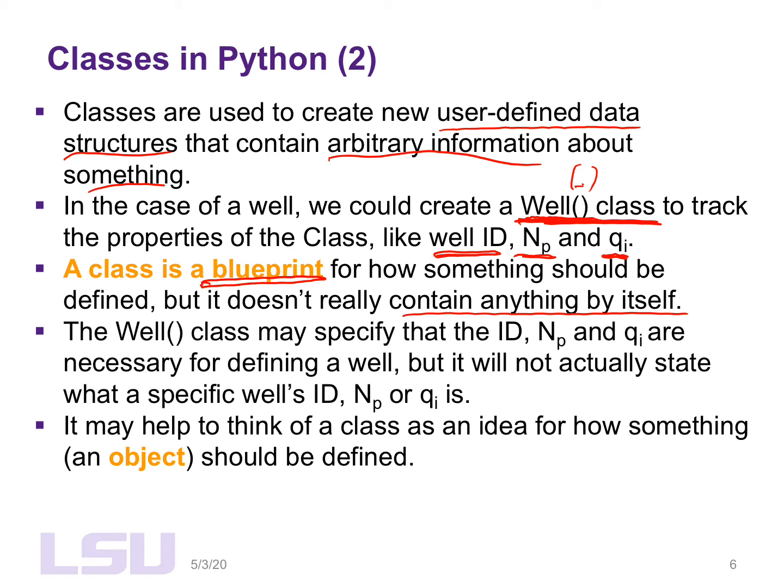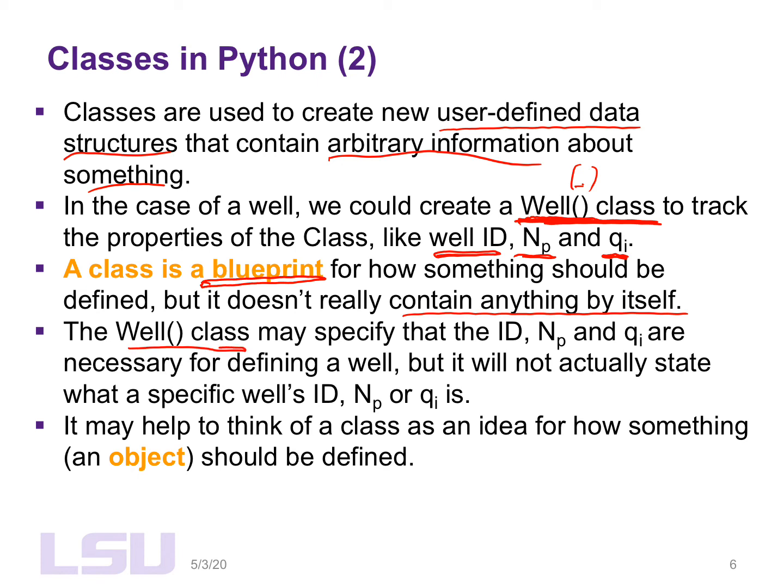It's just like a blueprint on how to build the actual home or building. So that's what classes are. They shouldn't be confused with the object. You use the plan to build the home. You use the class to construct an object.